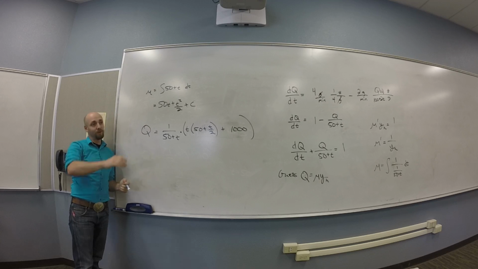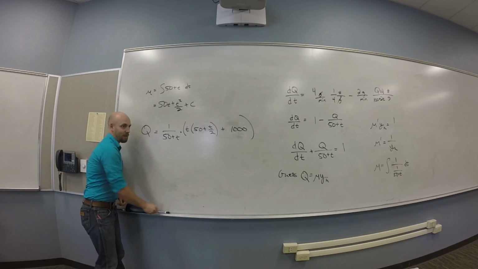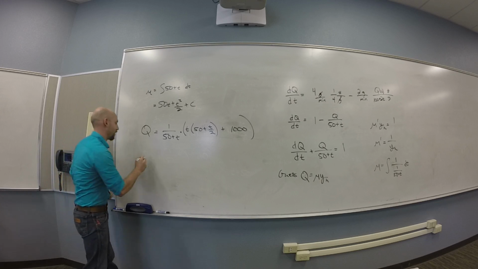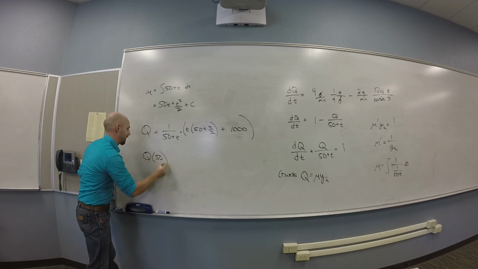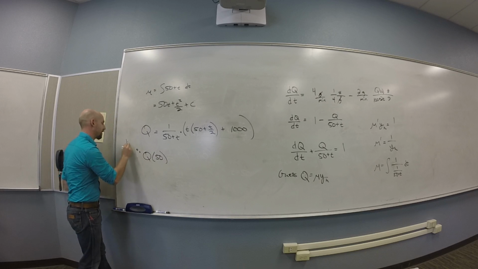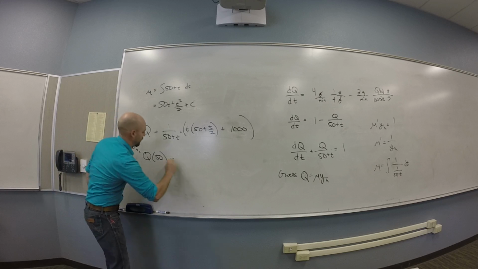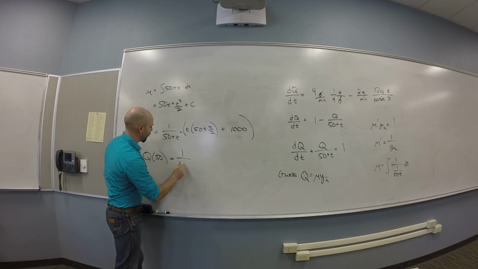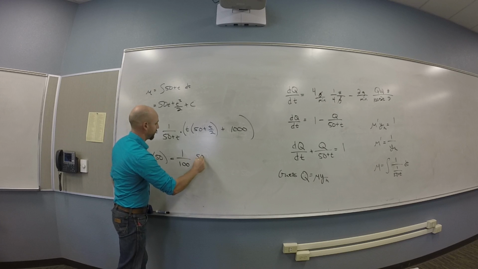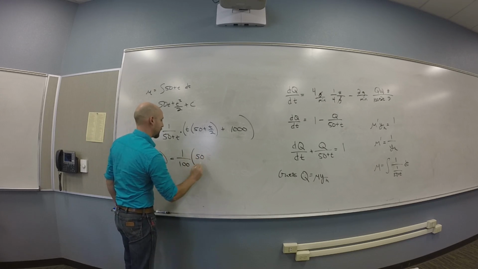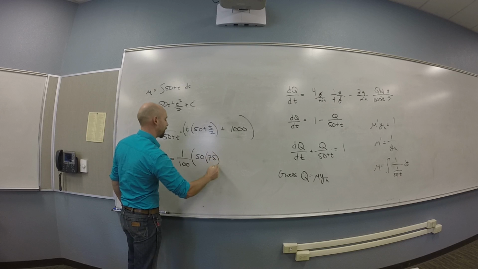So there's what's called a bifurcation, a change of categorical behavior. In other words, my differential equation no longer works at t is 50. But I'm just going to play dumb and plug it in anyway, because that's how I feel like rolling today. So really we should be thinking the limit as t tends to 50, but same thing. I got 1 over 100, times 50 times 75 plus 1,000.